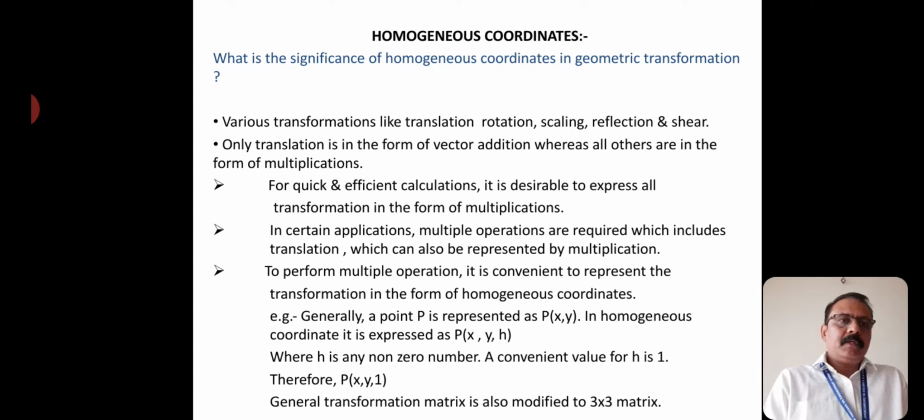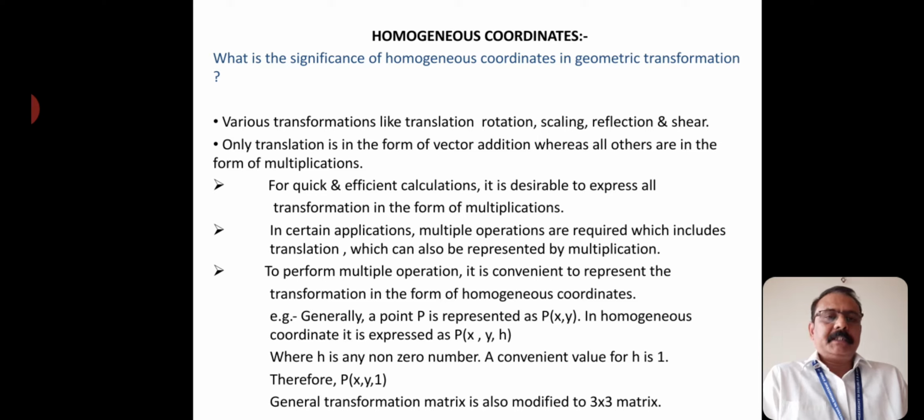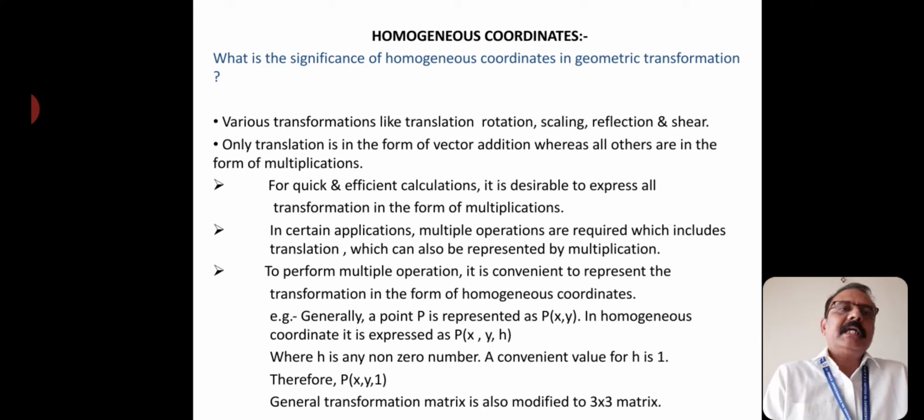Then mathematically we can't calculate this matrix product, because as we know, translation transformation is vector addition and rotation and reflection are matrix multiplication. Therefore, to perform multiple operations, it is convenient to represent the transformation in homogeneous coordinates.